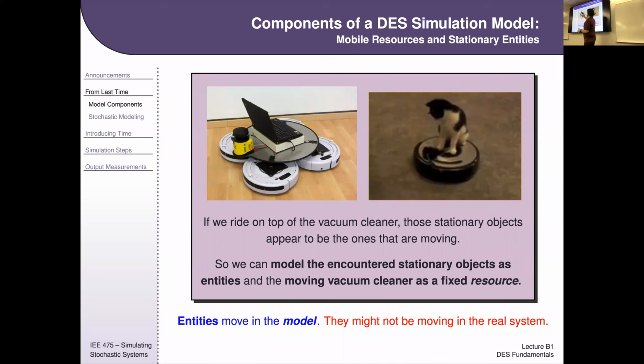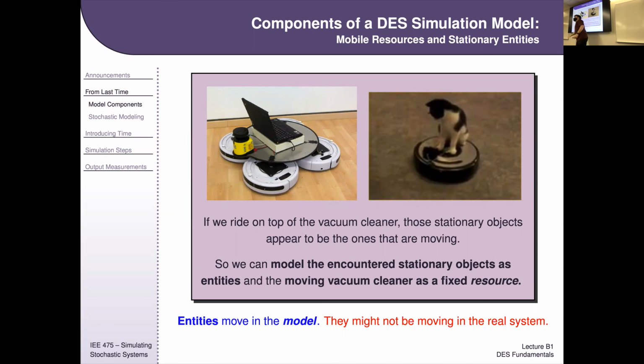From this reference frame, the resource becomes stationary, but dirt is flowing in to the vacuum cleaner. That dirt becomes the entity that comes in and then is disposed as it gets collected inside the vacuum cleaner.